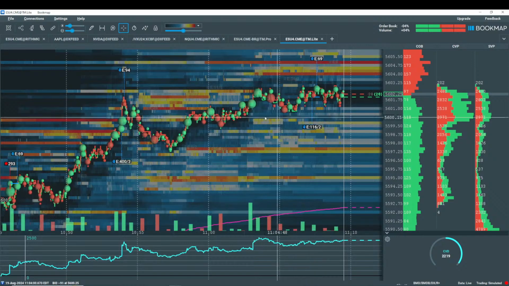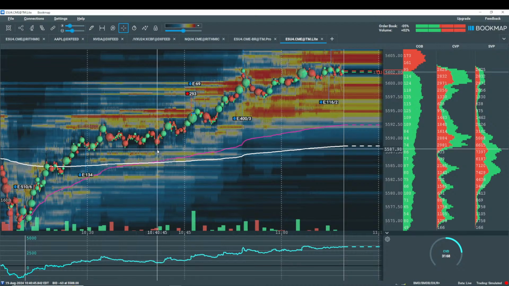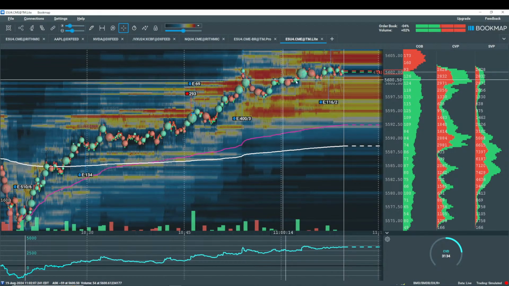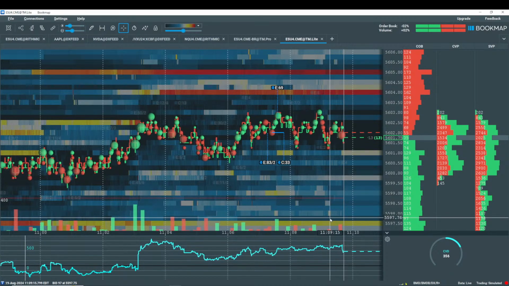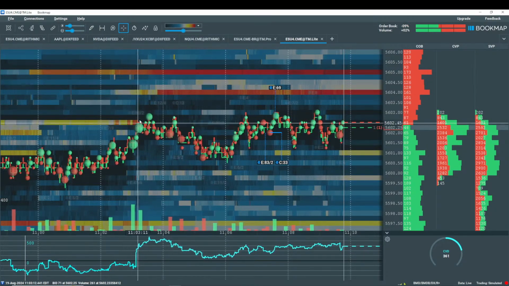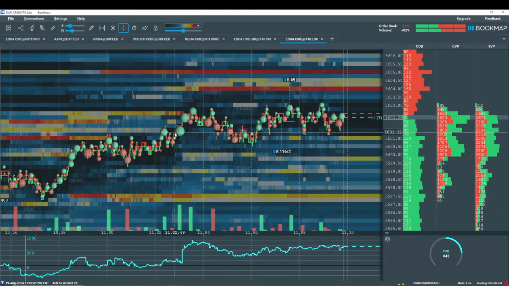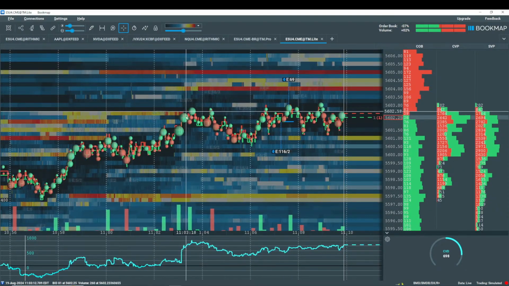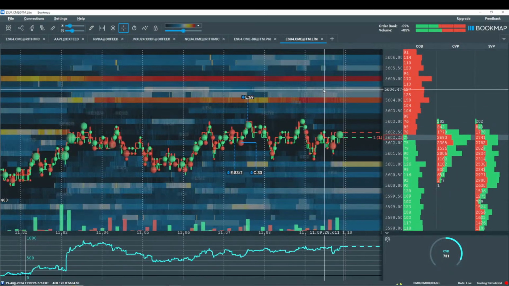But just based off of what we've been looking at in the past here, we're looking for a little bit of chop, retest some of these areas, and then the buyers to come in and then move it. Or maybe we're going to get sellers this time. But that seems to be the case here. Even this move in here is not a very big move. It's only a few points, and we're just chopping around in a few points right here.